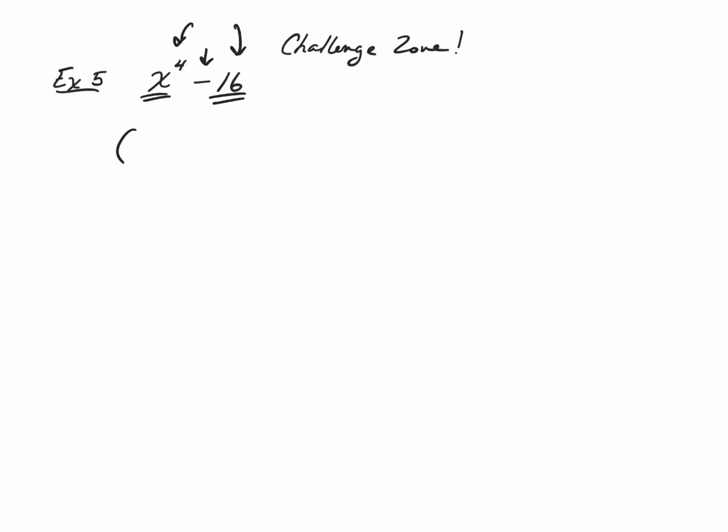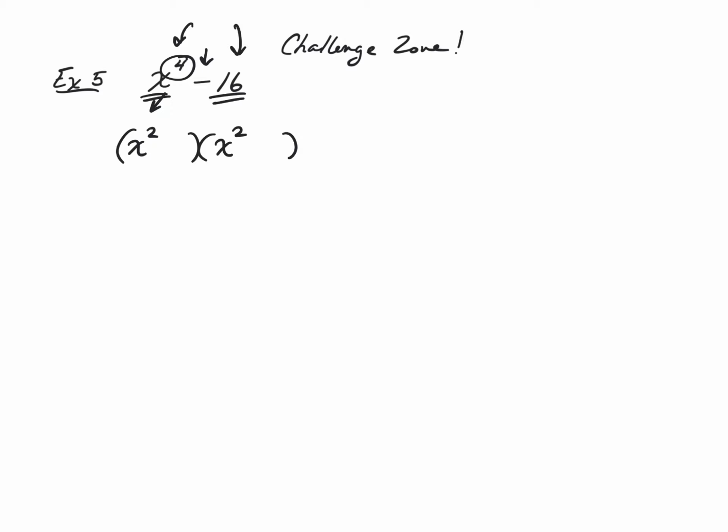So the first group becomes, well, if I broke x to the 4th into 2, it becomes x squared and x squared. So that's the first step. It's figuring out what thing multiplies by itself to make something the perfect square. And in this case, the 4, you're literally dividing it in 2.